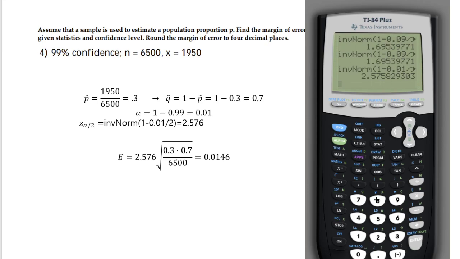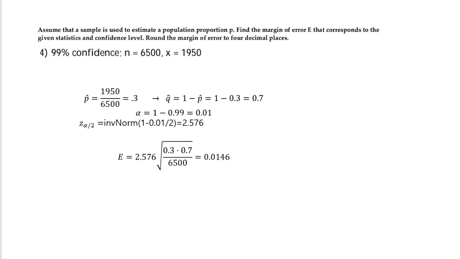You just put 2.576 times, and then second square root, and then you have 0.3 times 0.7, and then divide it by 6,500. That's the sample size, and if you enter, you do get this value, right? Okay, so that's how I got this value, and that will be the answer to this question.